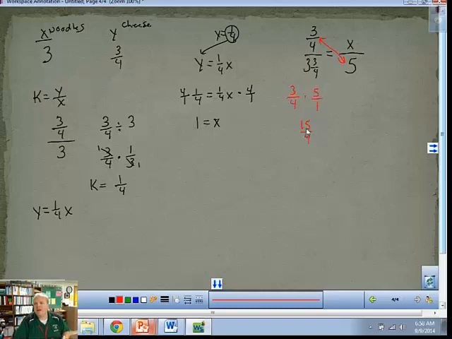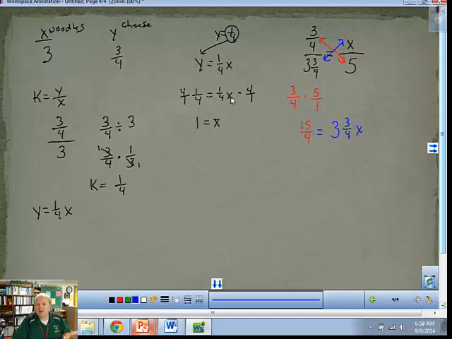Alright, now that is going to equal this other diagonal, okay, which is 3 and 3/4 times x, which I just simply have 3/4 x.